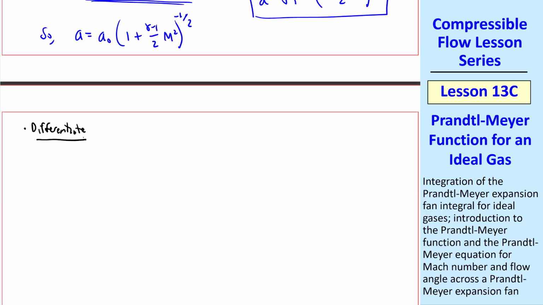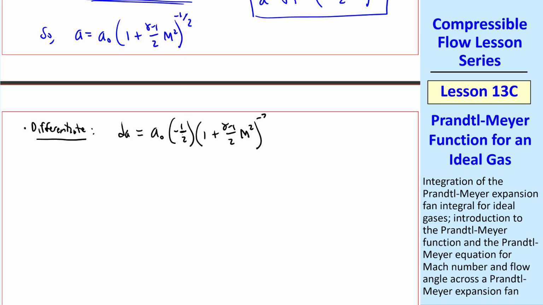Now let's differentiate this equation. We have da equals a naught, which is a constant since flow through an expansion fan is taken to be isentropic. We get negative 1/2 from this exponent, the term in parentheses to the negative 3/2, and then the derivative of this with respect to M, which gives us 2 times gamma minus 1 over 2 M, or gamma minus 1 times M, and then dM.